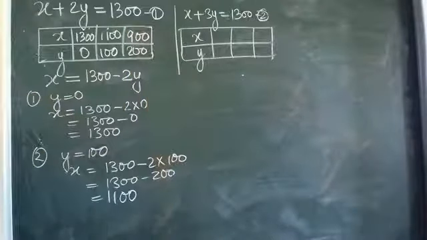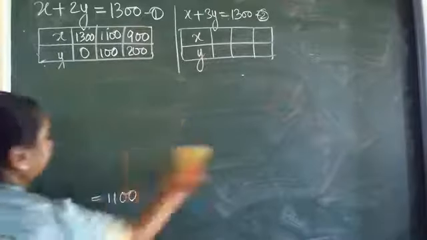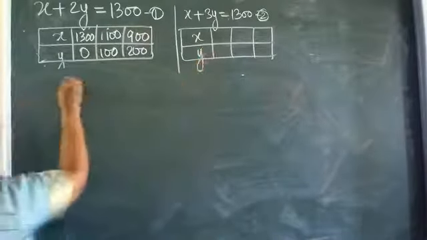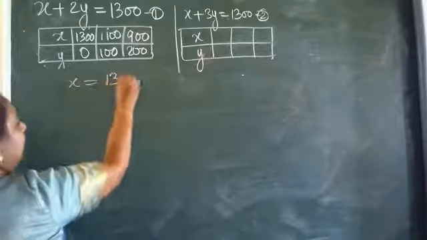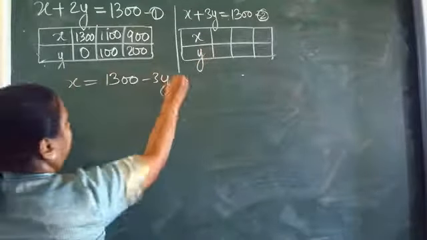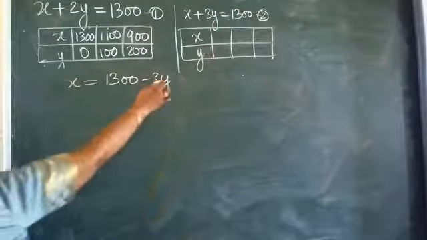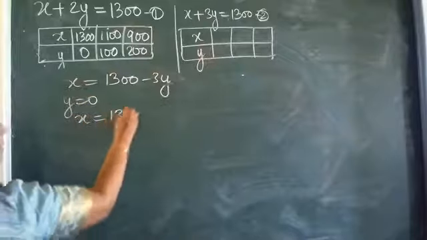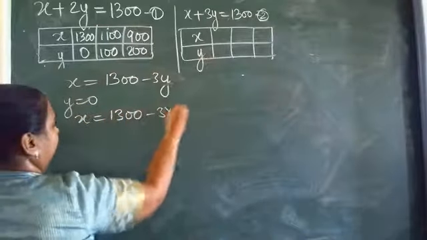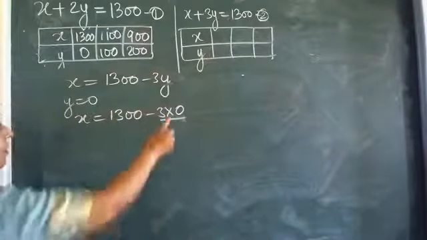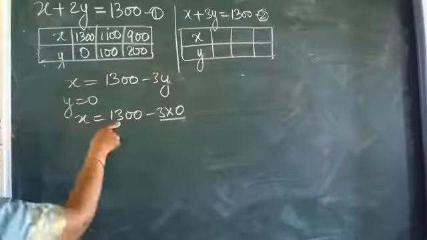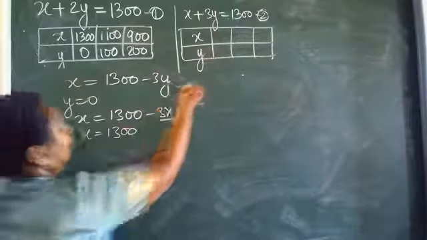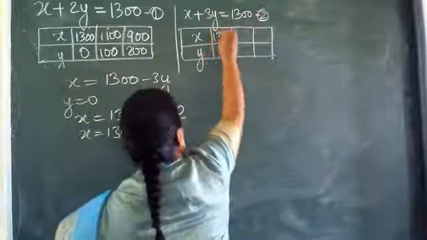Similarly, we can find this for the second equation also. x is equal to 1,300 minus 3y. Putting the value 0, x is equal to 1,300 minus 3 into 0. This becomes 0, and 0 subtracted from 1,300 gives x equal to 1,300.